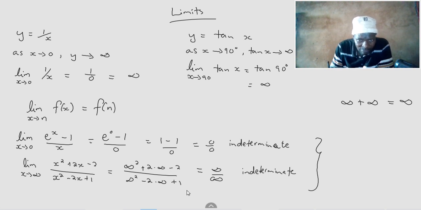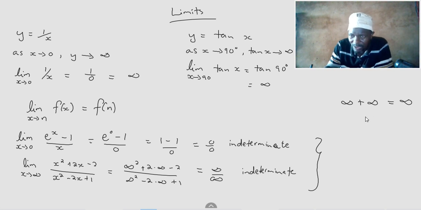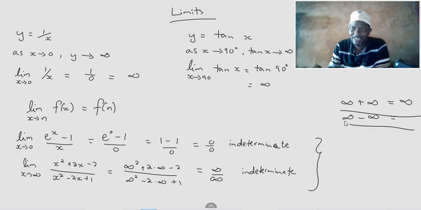With infinite minus infinite, it still gave us infinite. But we cannot really say, and this is also indeterminate. These are really indeterminate values.